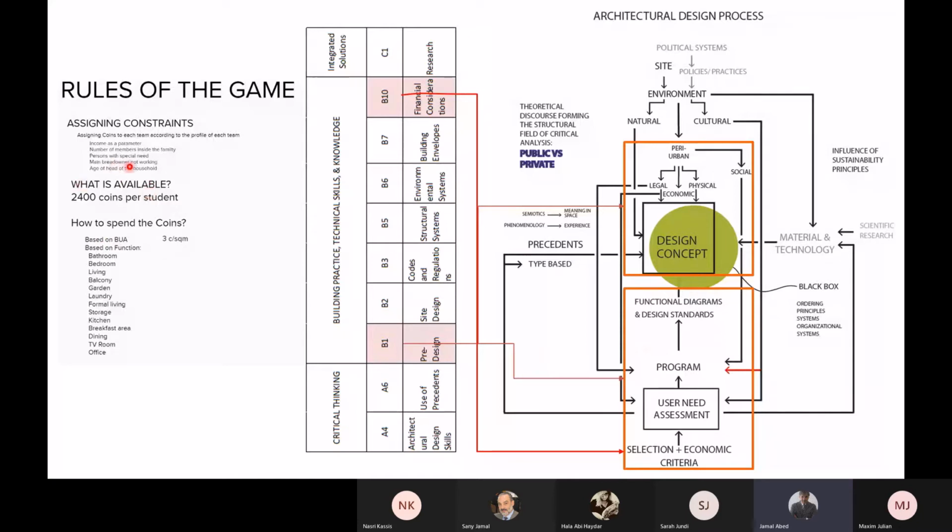Otherwise, the rest should not be, and with different income groups, with different numbers of members inside the family, different persons with special needs, main breadwinner could be not necessarily male, could be female, and age and head of the household. All these criteria should have been different in their formulation of their groups.